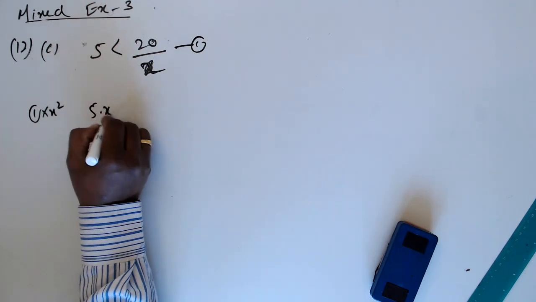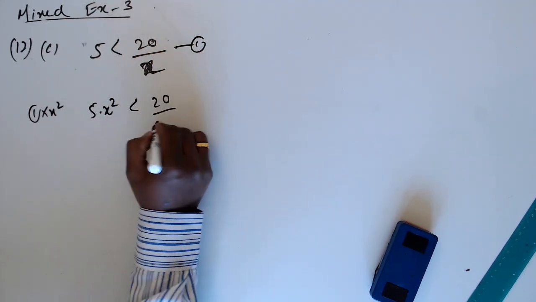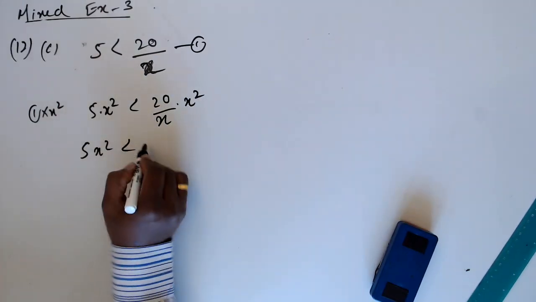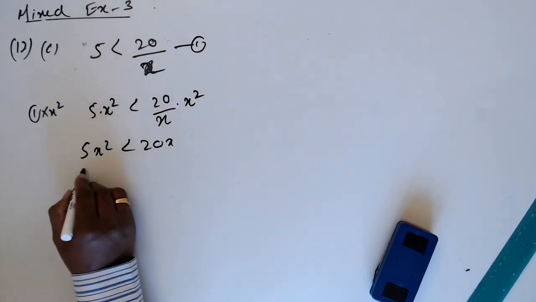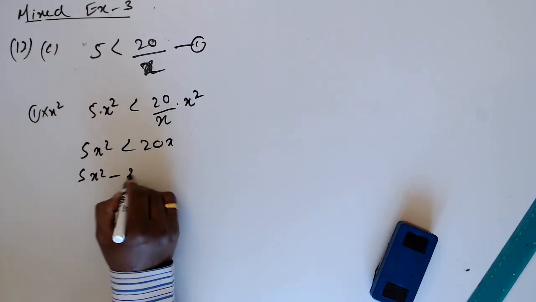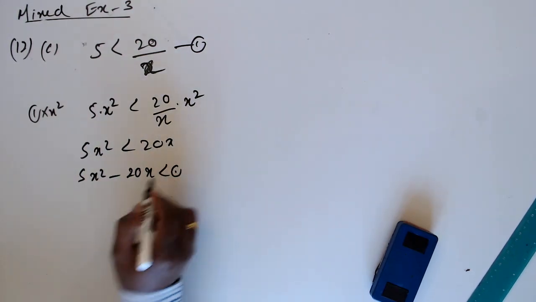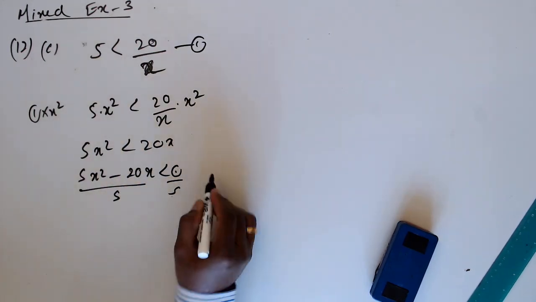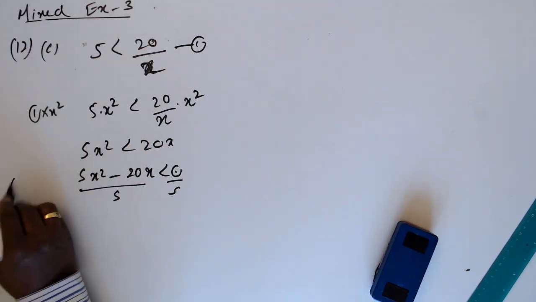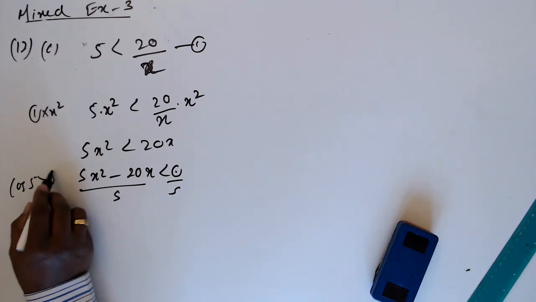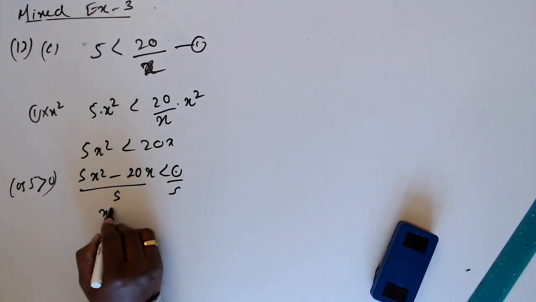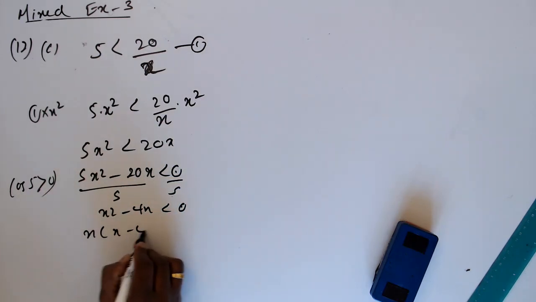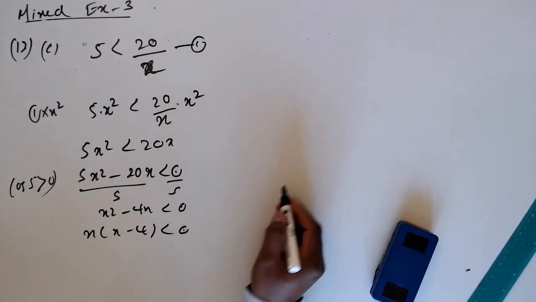This is going to be 5x square. 20 over x times x square is 20x. 5x square minus 20x less than 0. Divide by 5 both sides, as 5 is greater than 0. x square minus 4x less than 0. x times x minus 4 less than 0.